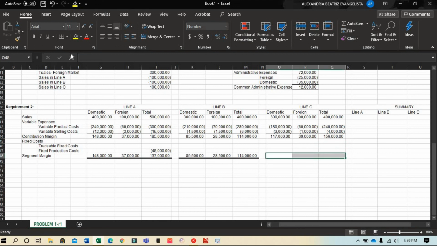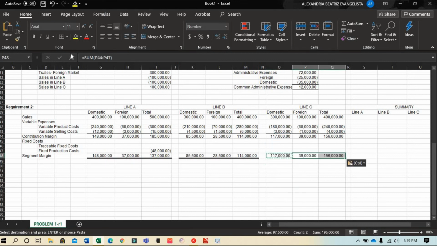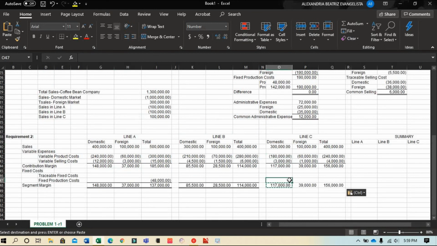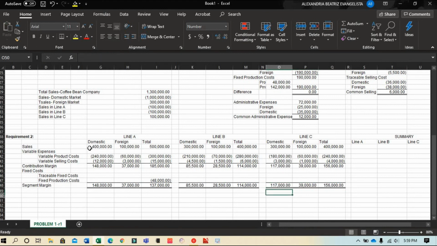So it means as well that our contribution margin is the segment margin there.